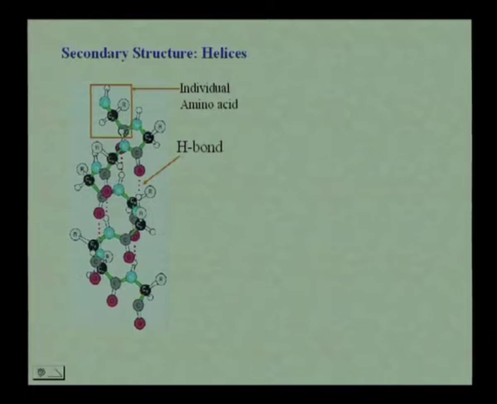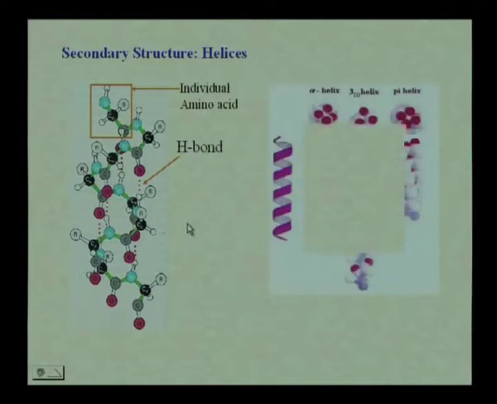What is that connectivity? We see connectivity in the form of hydrogen bonds, much like we saw in beta sheets, but these hydrogen bonds sort of link the spring together. Okay, so we do not have an extended polypeptide chain, we have a helix.